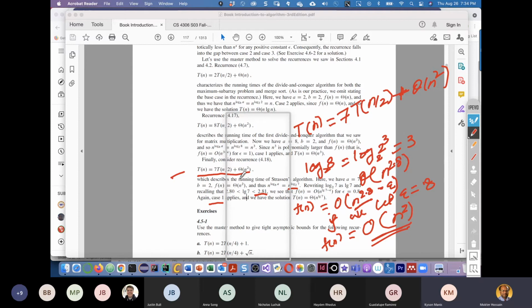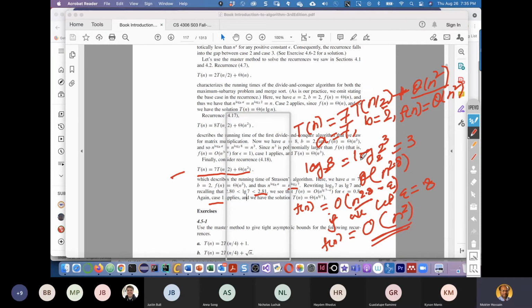Now you understand? Because here a equals 7, b equals 2, and f(n) equals theta of n squared. This part is f(n), this part is T, this part is b, and this part is a.